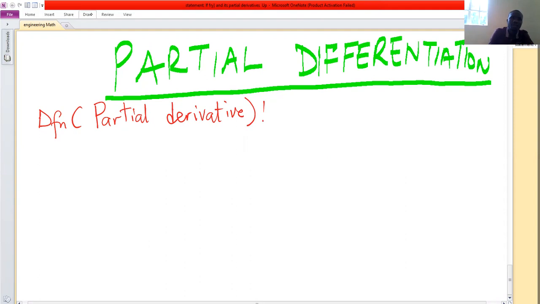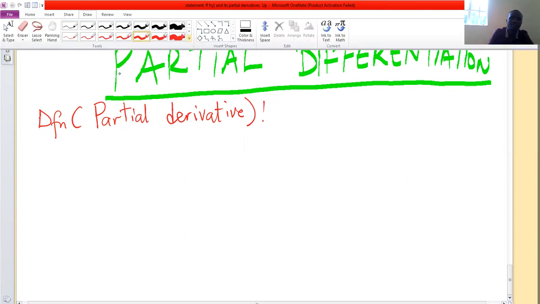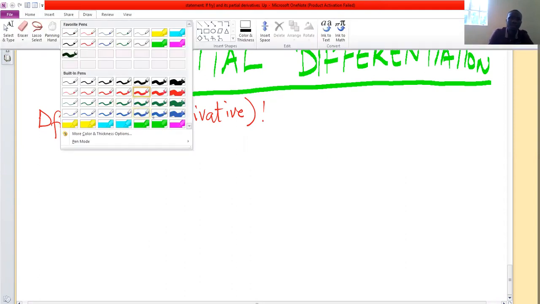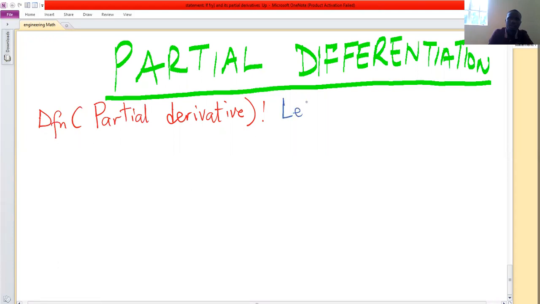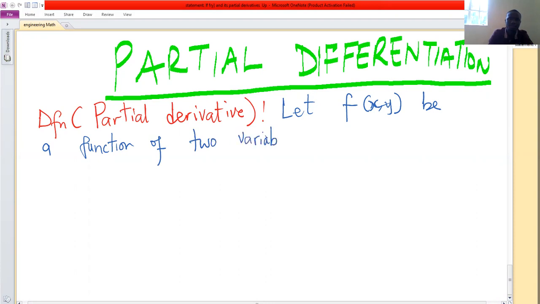So we say that the partial derivative of a function. So let f of x comma y be a function of two variables, x and y.